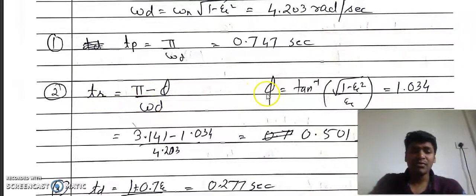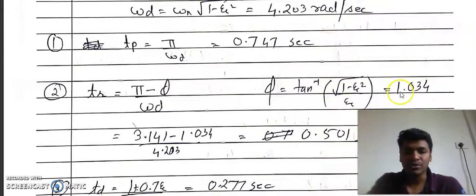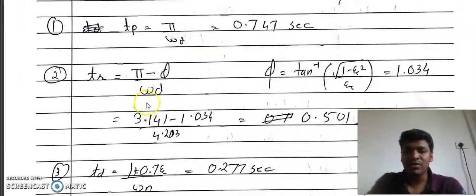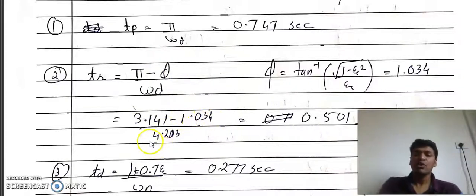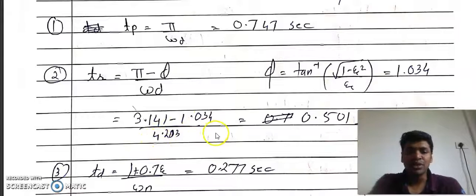Phi is tan inverse of root of 1 minus zeta square by zeta, which comes out to be 1.034 radians. Substituting, it will be 3.14 minus 1.034 divided by 4.203, so the rise time is 0.501 seconds.